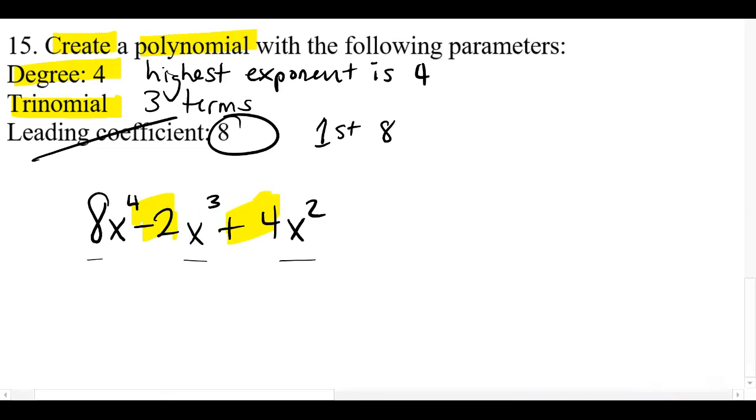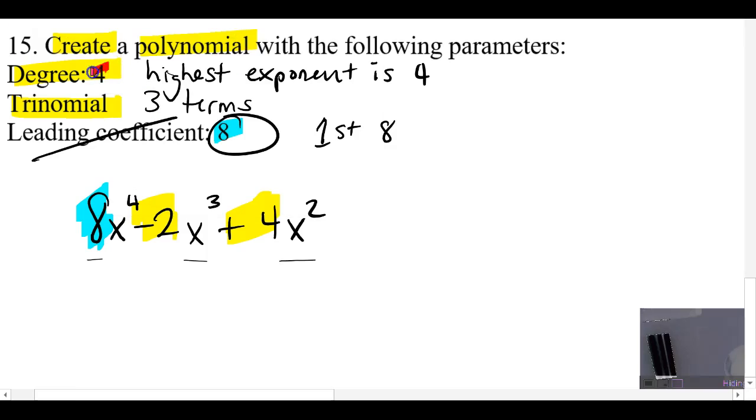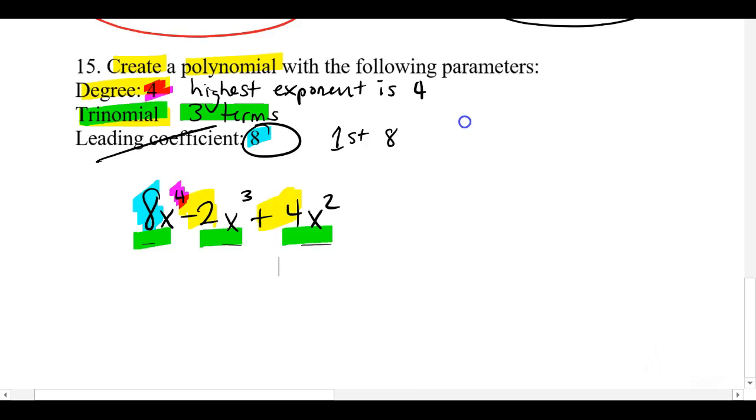What's important is that you have a coefficient of 8, that you also have a degree of 4, and that you also have a trinomial, 3 terms, so I have 1, 2, and 3. Okay?